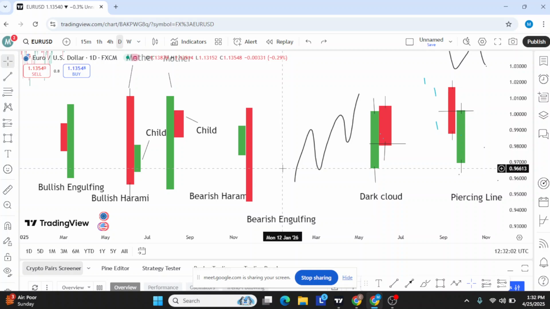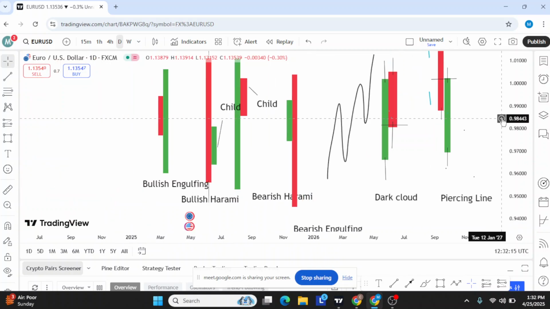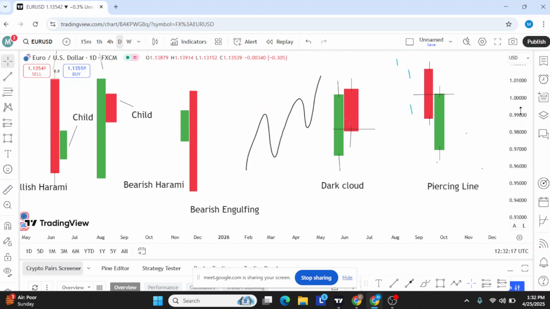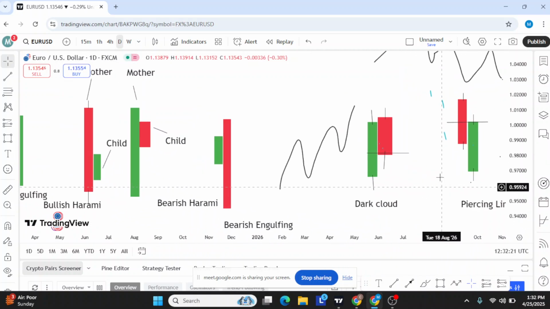And mind you, they both serve similar purposes, but the only difference is that the dark cloud is a strong indication that the sellers really want to do something. But with this bearish Harami, now let's look at the bearish Harami.